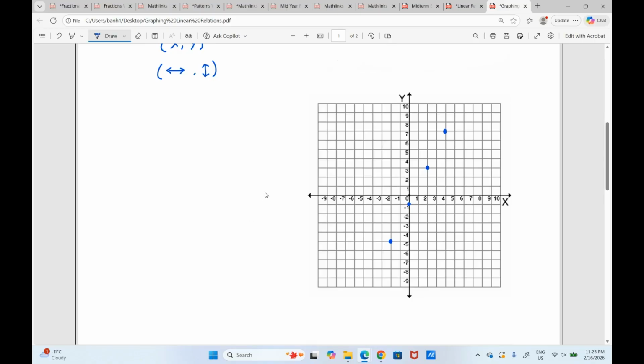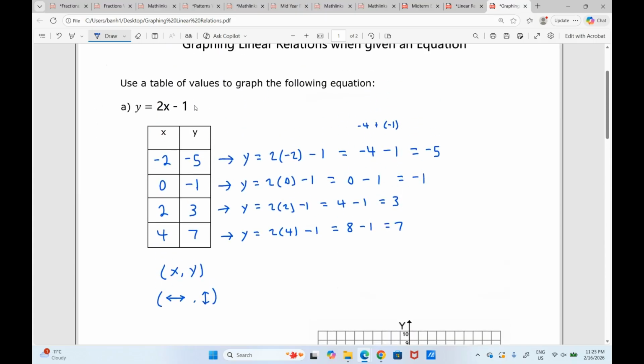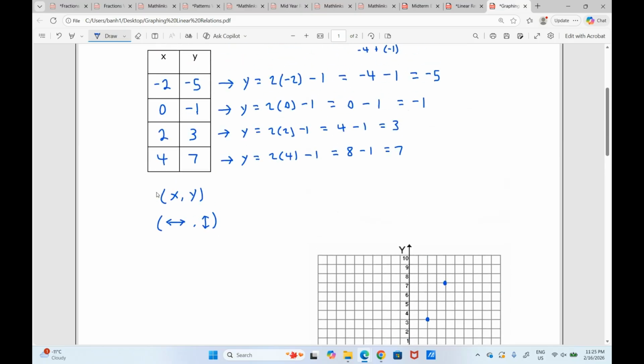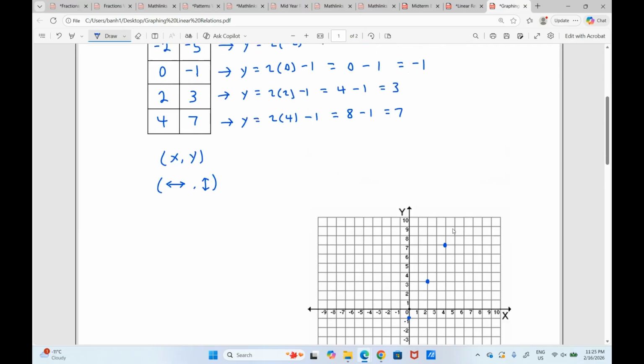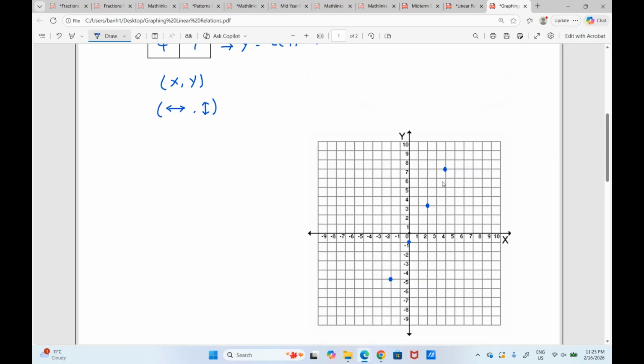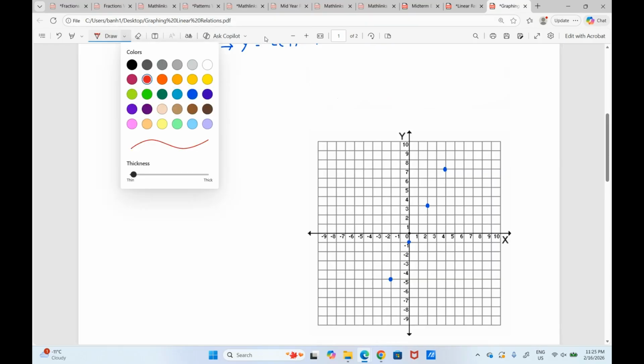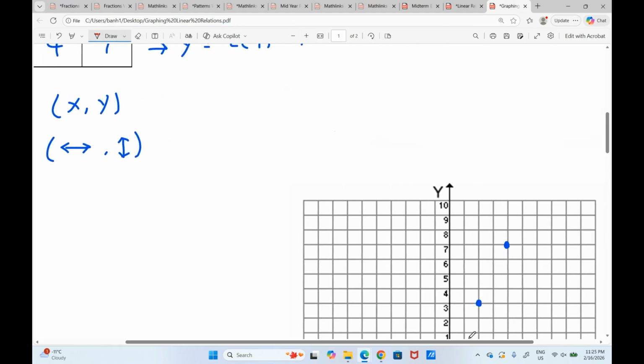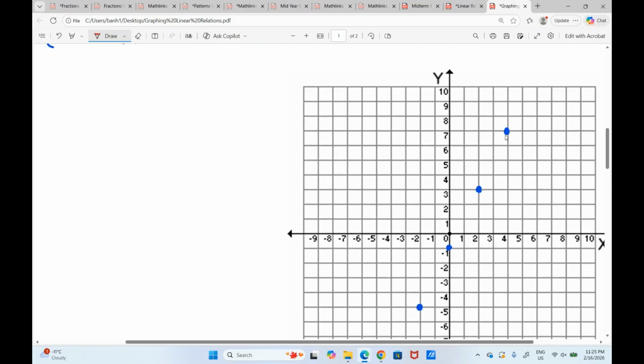Okay, now we have to decide if we connect these points or not. Because there is no context given for this equation and all I have is the equation, I am allowed to connect these points, and they do continue on forever. If I made different points like x equals 5, then the y value would obviously go up as well. So I'm going to zoom in a little bit here and do my best to draw a straight line connecting these points.